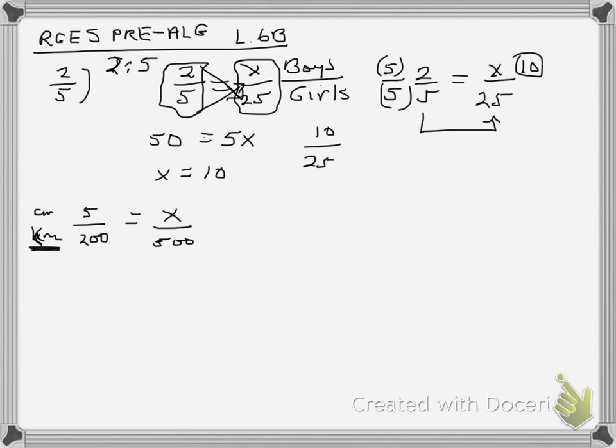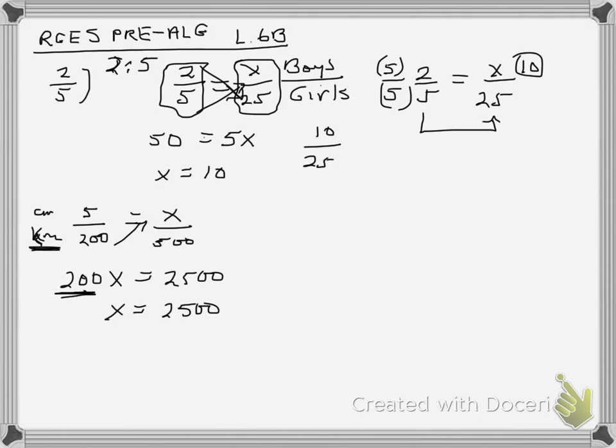So we don't know how many we would need. Notice it would be 2.5 times, right? But I don't have to do it that way. I could do it the cross multiply way. I could easily start on the bottom on the left to the top on the right, it doesn't matter, rather than the top on the left, and that way I would get my 200x on the left side of the equation. 5 times 500 is 2500, and then you would divide both sides by 200 to get the x all by itself.